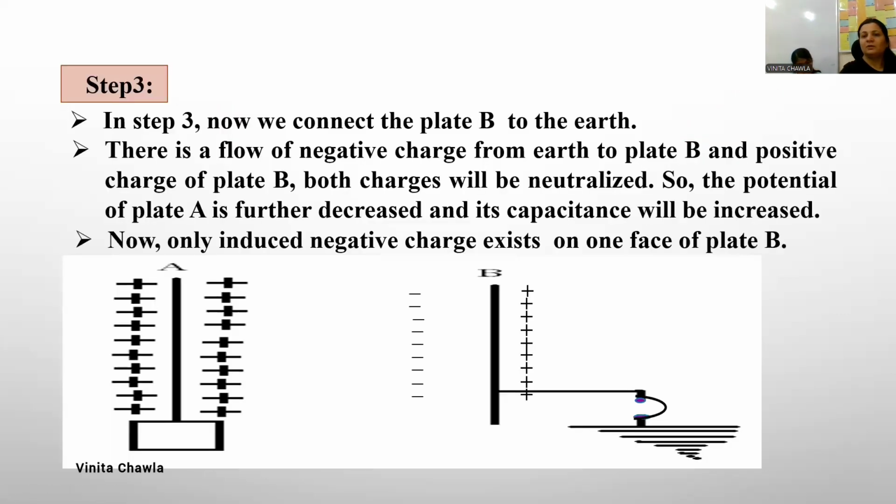Overall, the potential of A is greatly reduced because of this. Because the potential of plate A is further decreased, we can give more charge to it. So its capacity is increased.